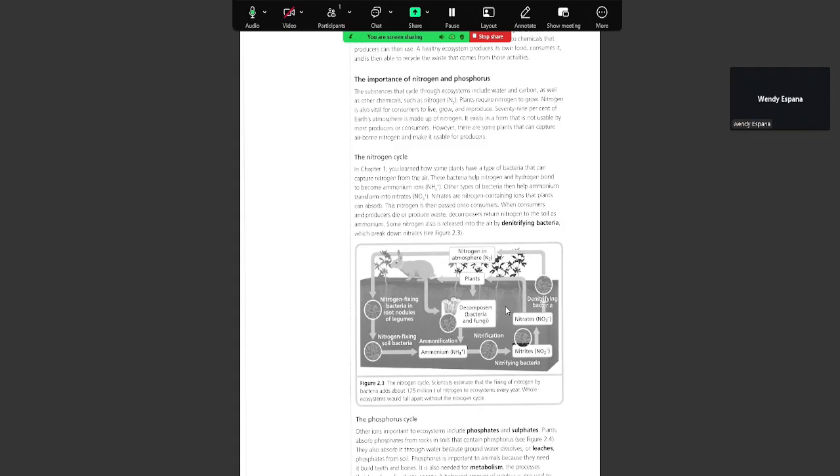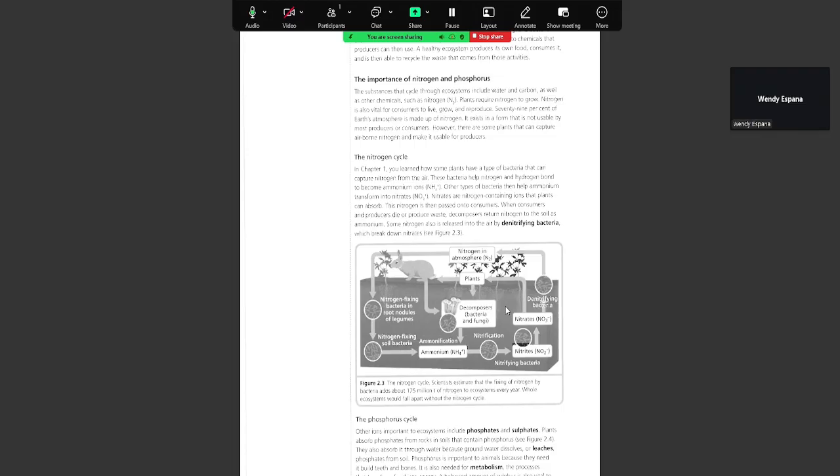If this cycle does not occur, then plants and animals will die. You do not want too little or too much. Remember, all of these levels that we talked about the last couple of classes, it's very important that they are balanced. So we want to make sure that we don't have too little, and it's also just as important not to have too much.